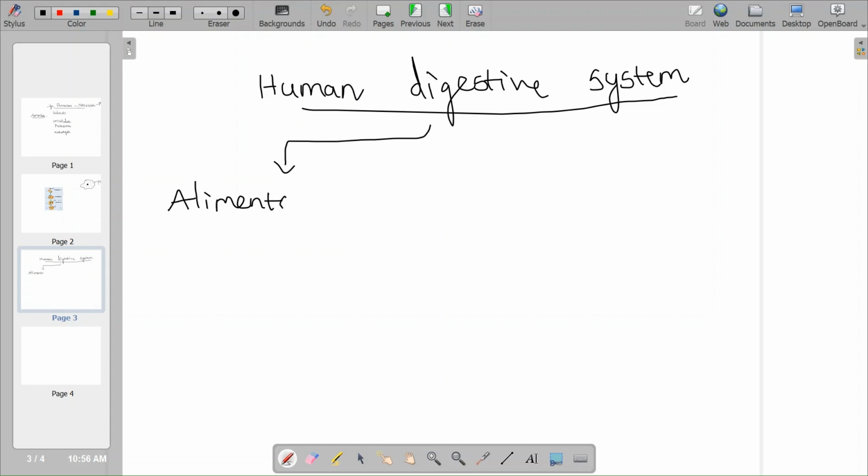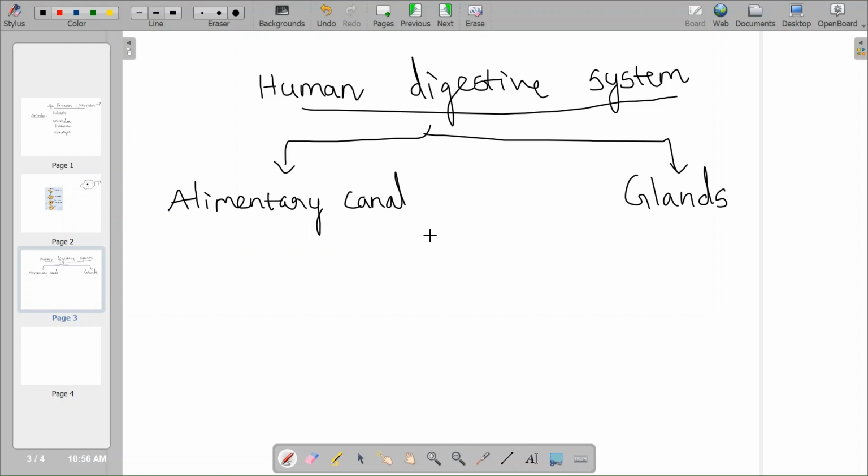which starts from the mouth and ends in the anus. And we will learn about the glands. What parts are present in the alimentary canal?